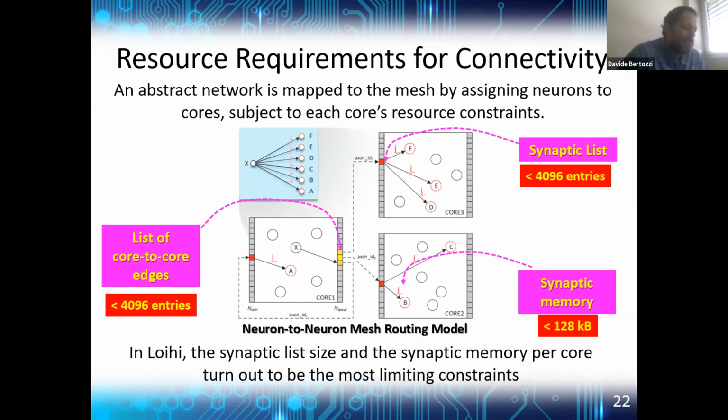And from the experience of the designers over here, it turns out that the most limiting factors are the constraints on the right-hand side, the constraint on the synaptic memory and on the synaptic list. These are the constraints that come into play first to limit the design space of mappable spiky neural networks.